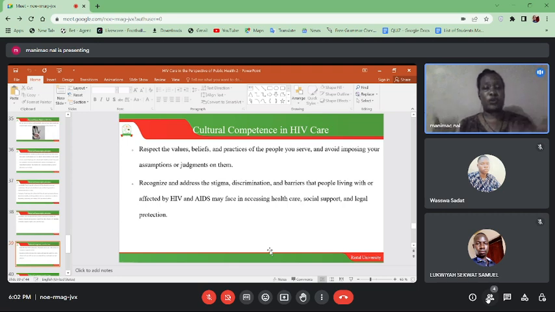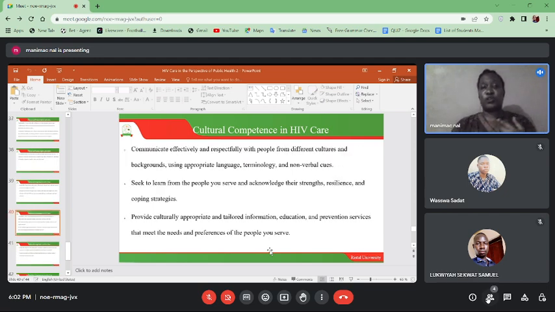We should also recognize and address issues of stigma, discrimination, and barriers that people living with the virus are facing or going through. We should also communicate effectively and respectfully with people from different cultures, perspectives, and backgrounds, using appropriate language, terminologies, and non-verbal cues.